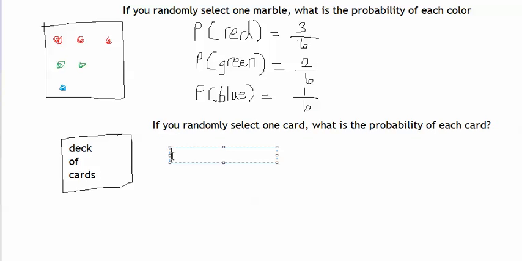Well, what if we just wanted red and black cards? There's 52 cards in the deck, and half of them are red, half are black. So there's 26 red cards over 52 total cards, and 26 black over 52 total cards.